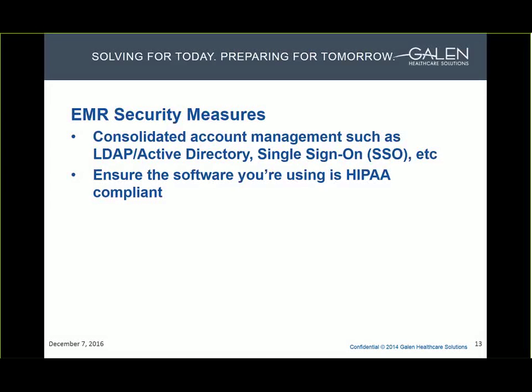Yeah, so the software that's in your organization, as well as having tied together accounts, you also want to make sure of the compliancy for HIPAA regulations, which is on the Health and Human Services website, but essentially it boils down to making sure that all the data that comes in and goes out is encrypted. All the data that is any kind of resting data in a database or anything is also encrypted.